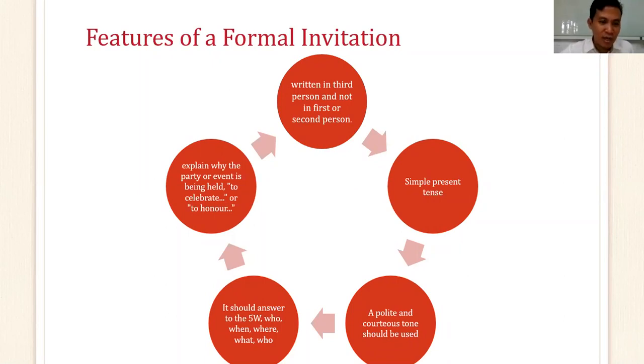Try to write an example of a formal invitation, for example, when you are having a birthday, so you invite your friends. Try to make it in English, and then add some ornaments or decoration to your letter. You can make it from your own paper. You don't need to buy it, but you can create it by yourself. I think it will be interesting.